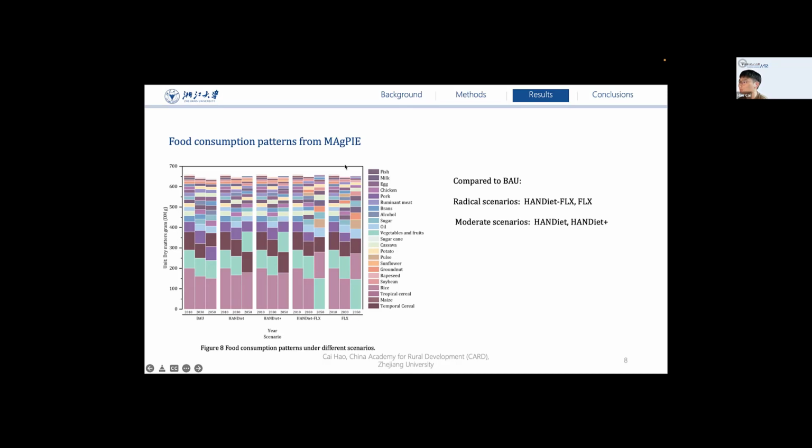In 2050, vegetables and fruits become the most consumed food, and consumption of animal foods like pork and ruminant meat will have bigger drops under these 2 scenarios. In contrast, the basic HAND diet and HAND diet plus are much more moderate, considering consumption patterns are mainly driven by food intake targets. These results make sense.